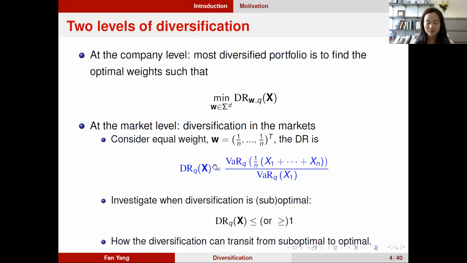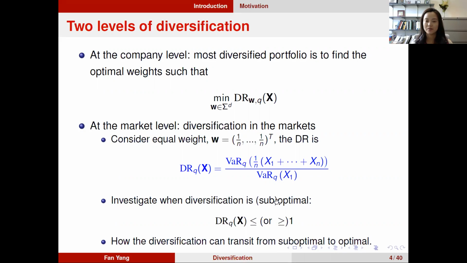Based on this understanding, we're going to investigate when the diversification is suboptimal or optimal, that is, whether this DR is less than or greater than 1. In what conditions can these two inequalities occur, and more importantly, how can the diversification transit from suboptimal to optimal?